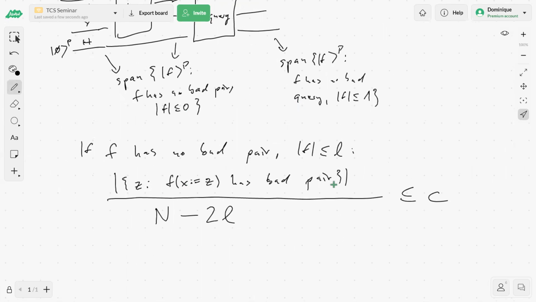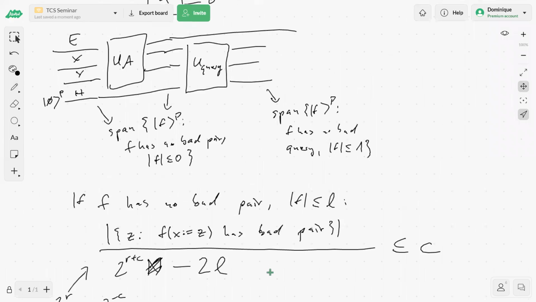So there are only R bits free. So we get roughly 2 to the R divided by, actually this should be the size, so divided by 2 to the R plus C, which is 2 to the minus C.